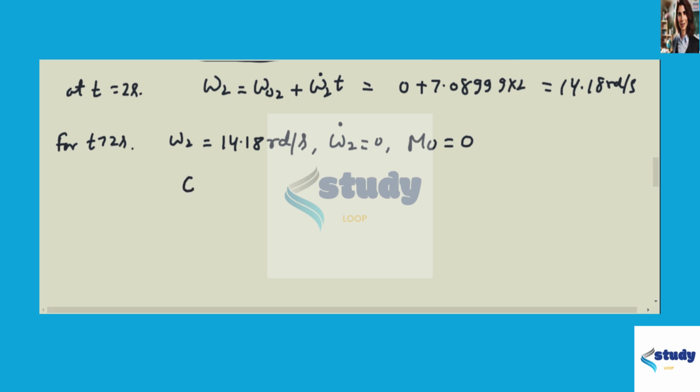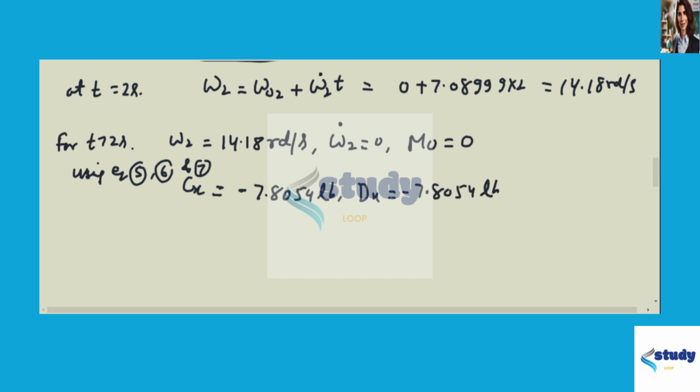I am writing directly here using equations 5, 6 and 7, and substituting all the parameters given above. You will get C x is minus 7.8054 pound, D x is 7.8054 pound, C z is 7.43112 pound, and D z is minus 7.4312 pound.